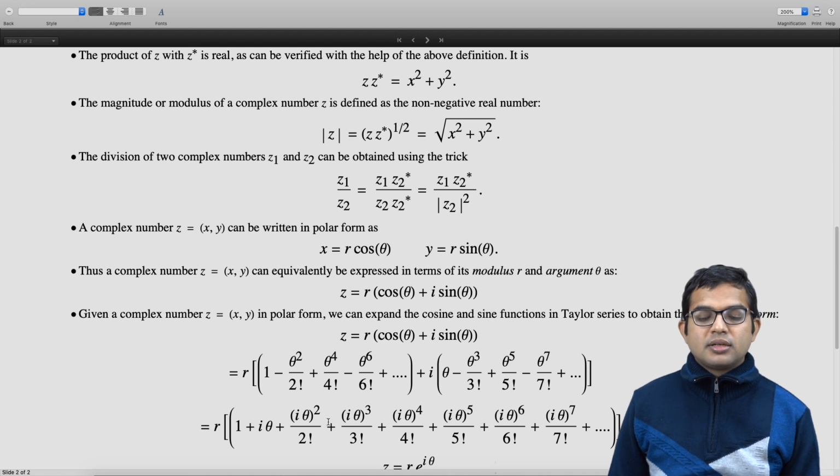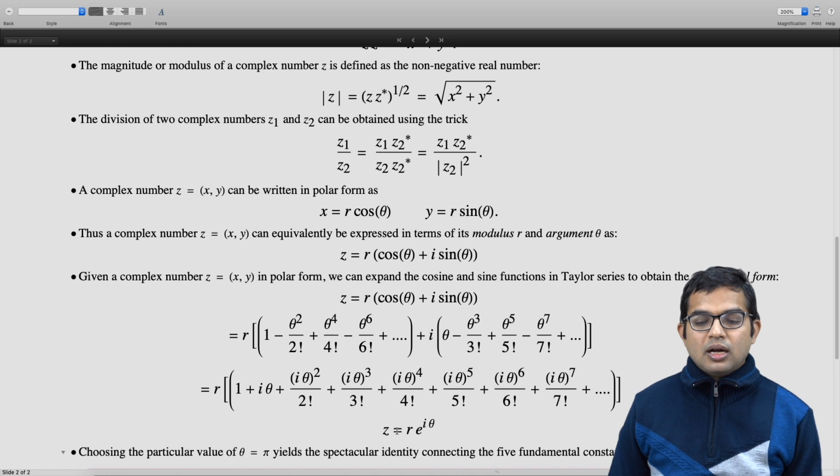And then we see that this series is nothing but the series expansion for the exponential. So in fact, we identify that z is equal to r times e to the I theta. So this function cos theta plus I sin theta is actually nothing but e to the I theta.